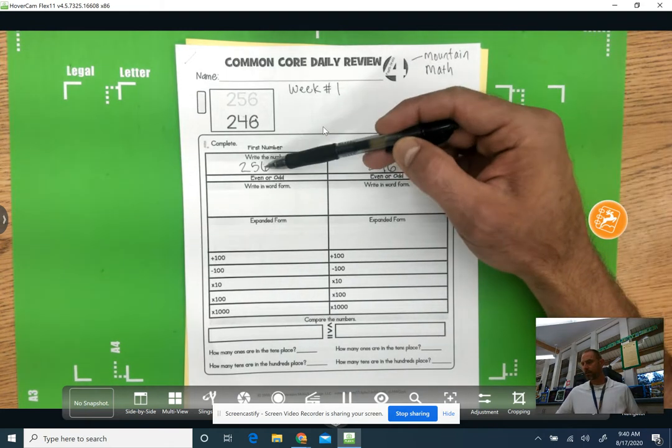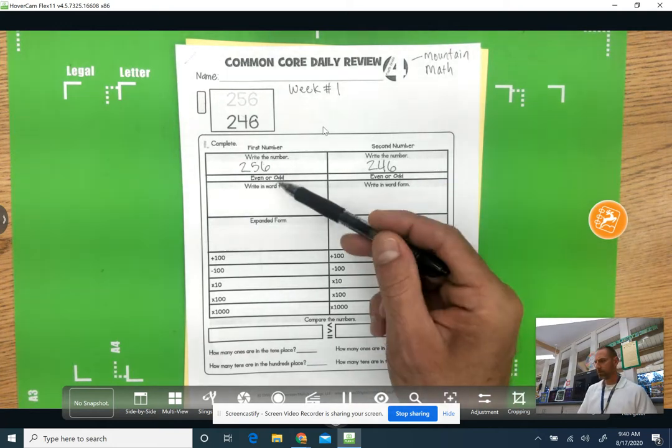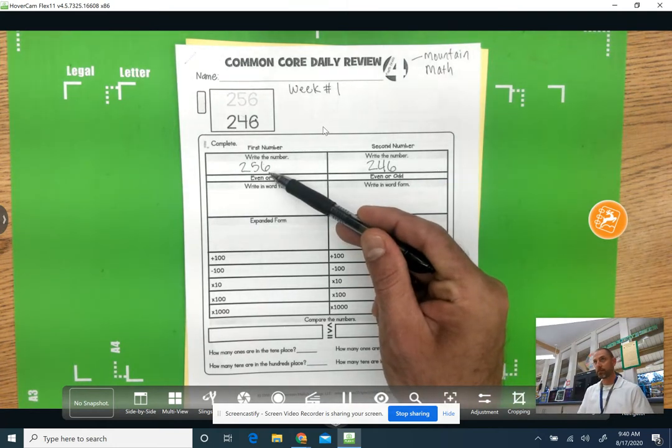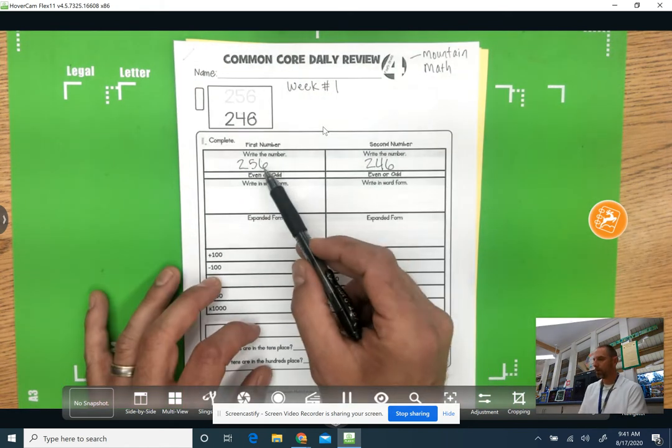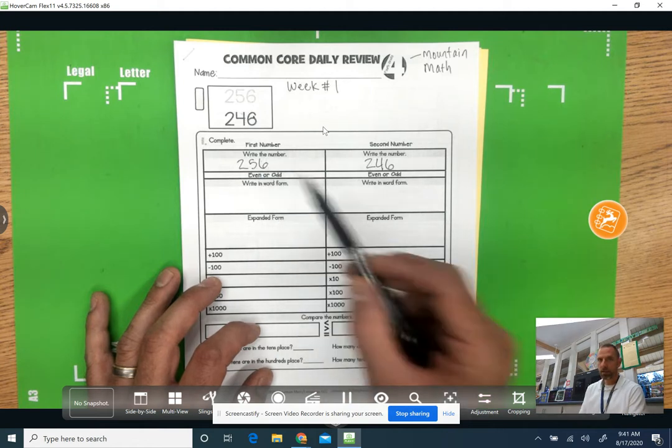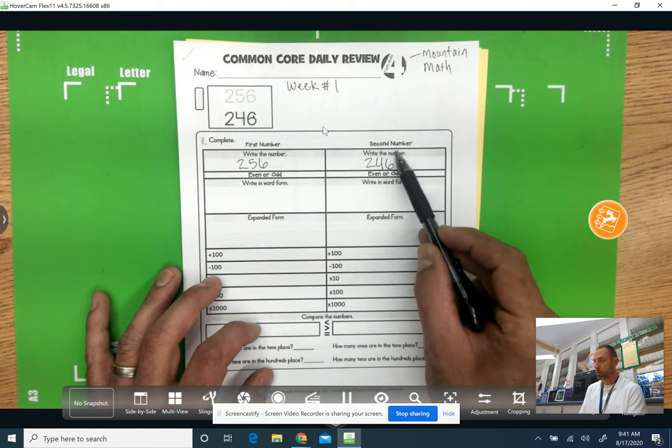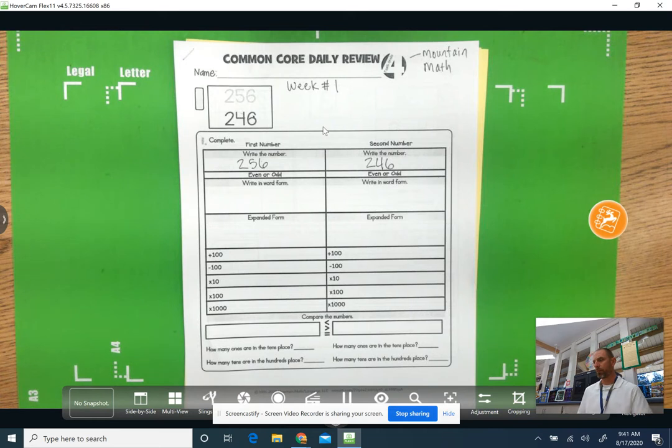After writing the number, the second task that we want to do with this number is determine if it's even or odd. Determining whether a number is even or odd depends on what digit is in the ones place. So here's the ones place here, and our digits 0 through 9, or 1 through 0, we may say, depending on how you line them up. If the digit in the ones place is even or odd, it makes the entire number that way.